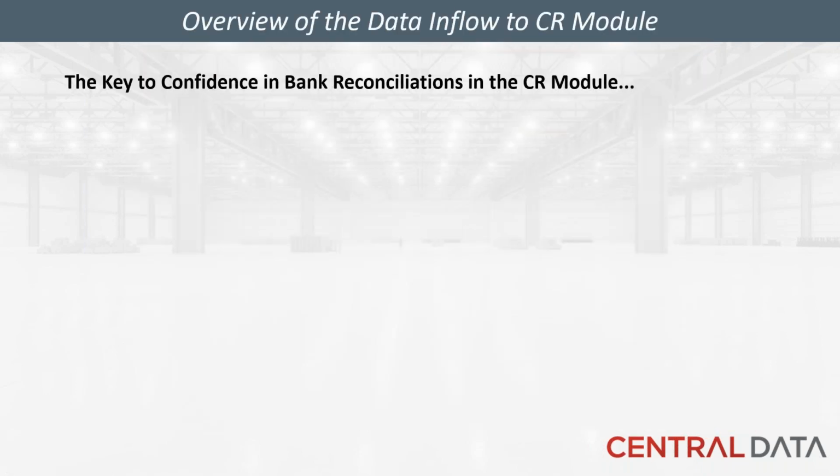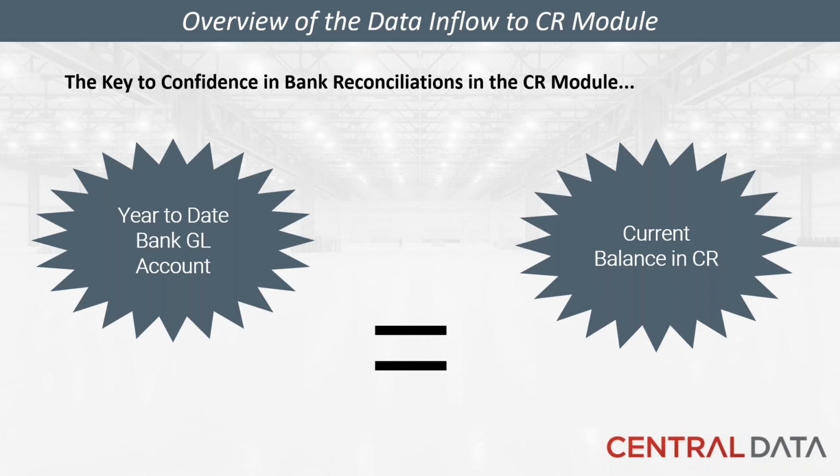The key to confidence in bank reconciliations done in the bank rec module, or CR module, I should say, is that our year-to-date bank GL account and our current balance in the check rec module for that bank we're reconciling are equal.